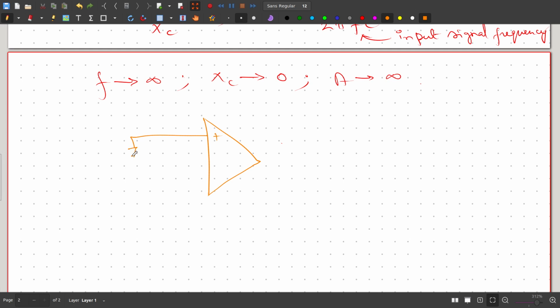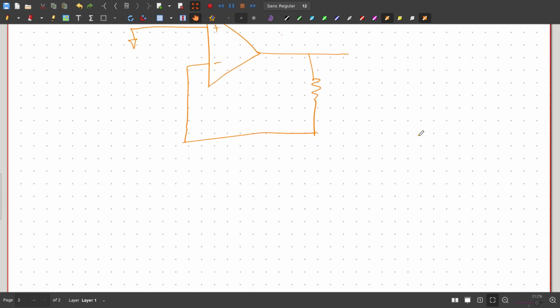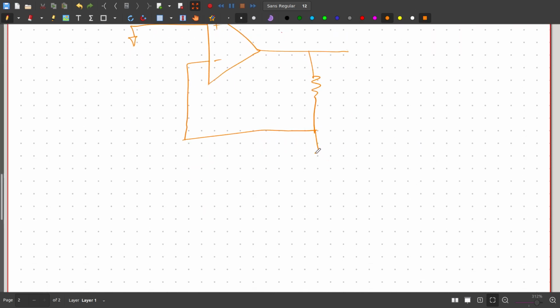As usual, the non-inverting terminal is grounded, the inverting terminal is connected to the output through a feedback resistor, and we have a capacitor here. For high frequency, the reactance of this capacitance tends to 0. As a result, the whole amplifier gain tends to infinity.